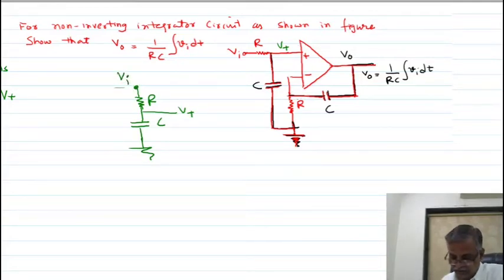Look here, this input section I am showing you like this. This is your Vi. At R I am showing you V plus. This capacitor is this, and it is ground. So you already know that V plus is nothing but the applied voltage into the reactance Xc upon R plus Xc.